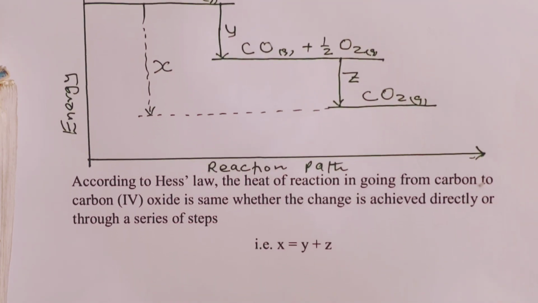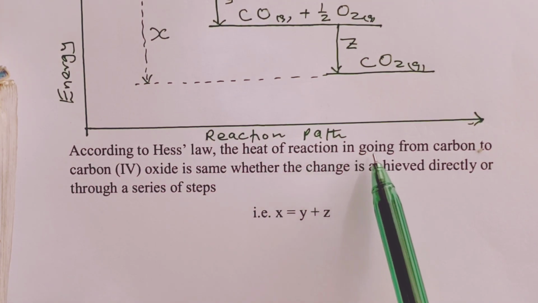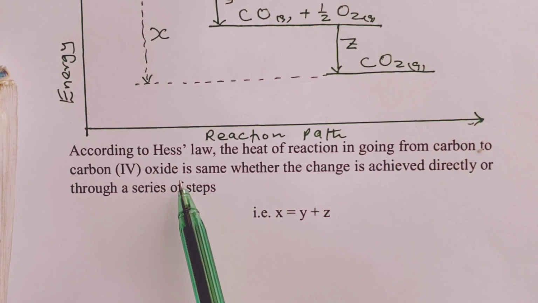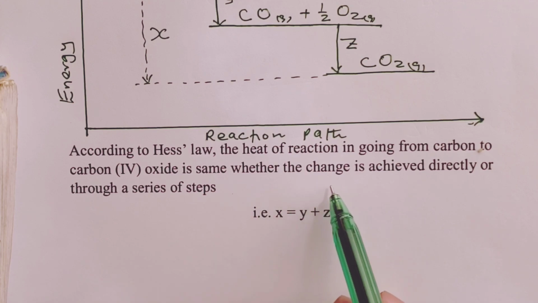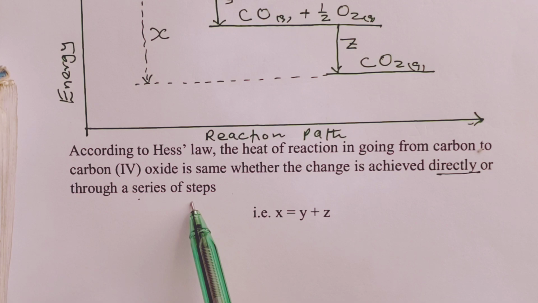So according to Hess law, the heat of reaction in going from carbon to carbon 4 oxide is the same whether the change is achieved directly or through a series of steps as discussed above.